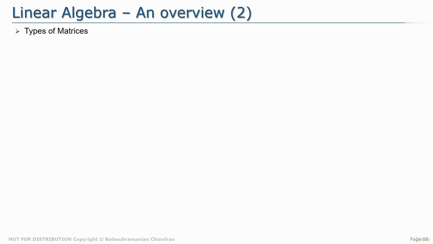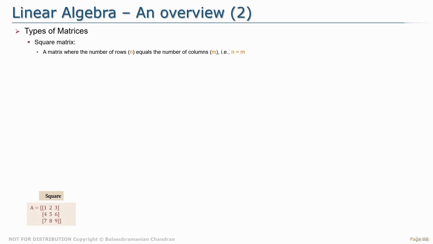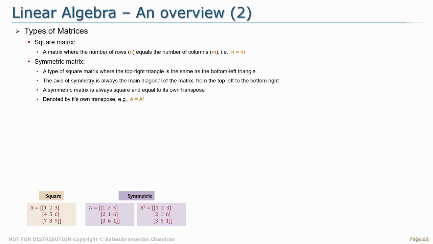Let's see the different types of matrices available. Square matrix. A matrix where the number of rows n equals the number of columns m, that is, n is equal to m. This is an example of a 3 by 3 square matrix. Symmetric matrix. A type of square matrix where the top right triangle is the same as the bottom left triangle, like this.